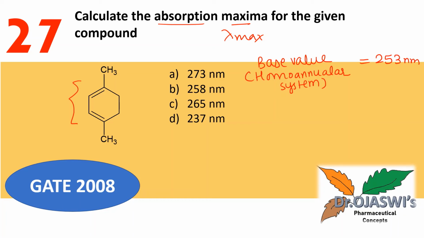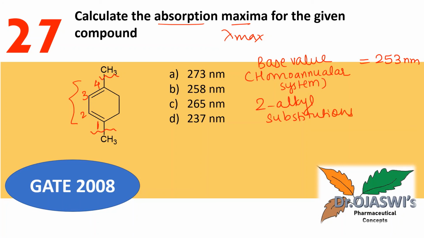So this is my 1, 2, 3, 4, diene, that is 1,3-butadiene. So at the first and at the fourth position, this is not the IUPAC nomenclature, this is explained in detail in the videos on the Woodward-Fieser rule, and the link is given in the description box. At the first position I see an alkyl substitution, at the fourth position I see an alkyl substitution. So there are two alkyl substitutions here.